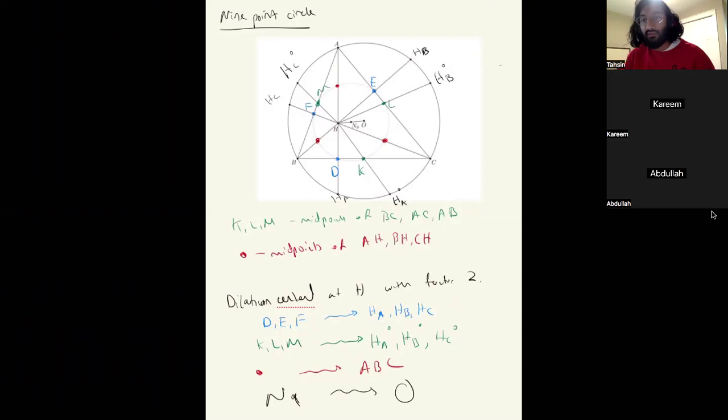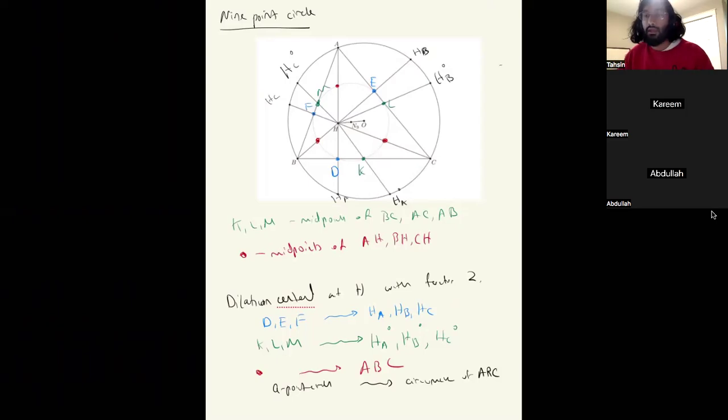So what we know is this dilation turns the 9-point circle into the circumcircle. So we can say it like this: this dilation, the 9-point circle becomes the circumcircle of ABC, right? When you apply the dilation.